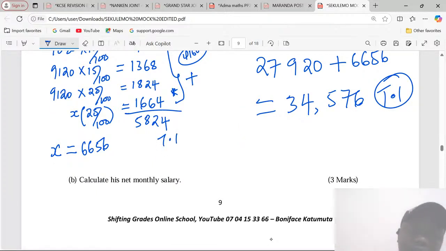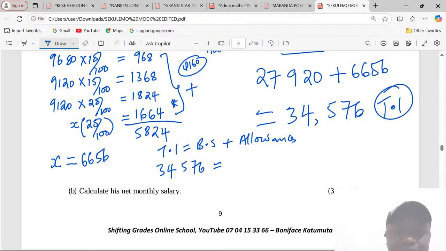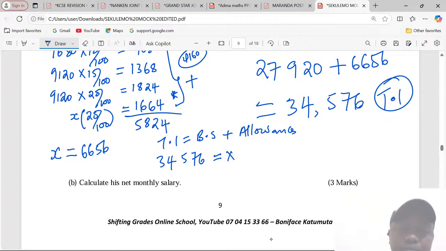Taxable income is given by basic salary plus taxable allowances. So 34,576 is given by a basic salary, which is not known, plus allowances.